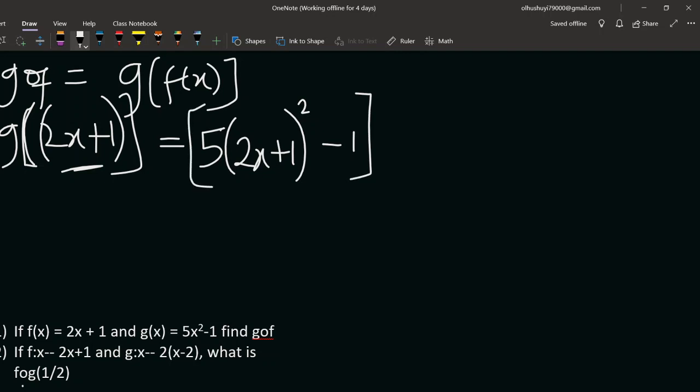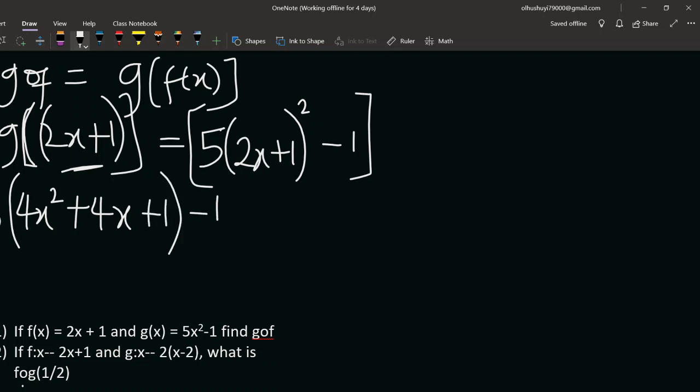Am I communicating? So you have that, then we solve that. What is 2x plus 1 all squared? 2x times 2x, we have 4x squared. Then 4x squared plus 4x, then plus 1.